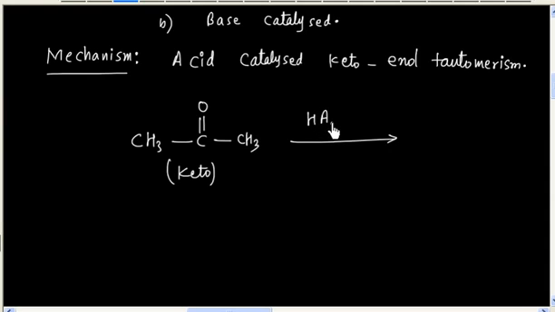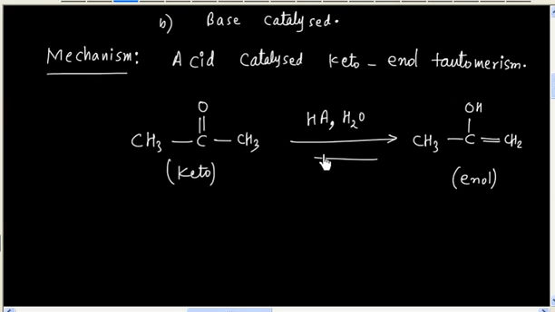HA is the acid and the medium is H2O, and we have enol form, and there is an equilibrium. We have to write the mechanism for this process.